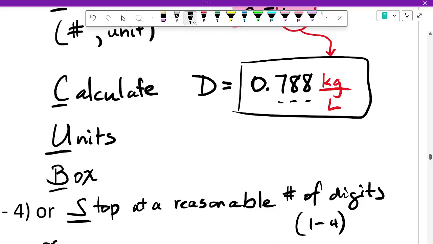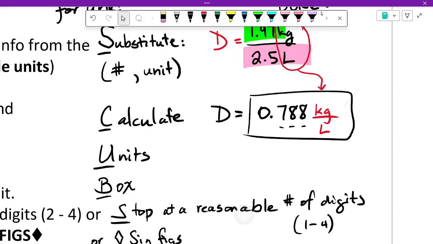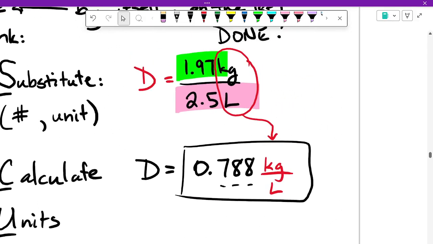Or, if you choose, you can do sig figs. And here's how we would do those. We would say, how many sig figs in 1.97? 3 sig figs. How many in 2.5? 2 sig figs. So in terms of sig figs, we always go with the bigger number or the smaller number? Smaller number. So what's the smaller number of sig figs? 2 sig figs.